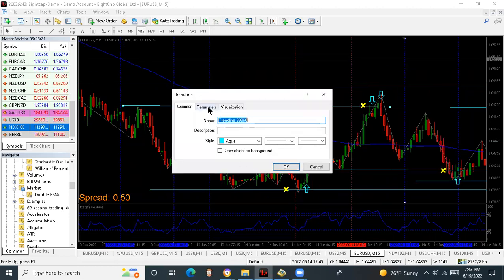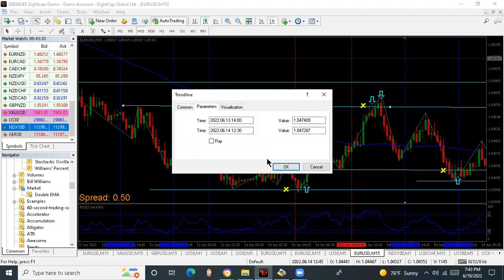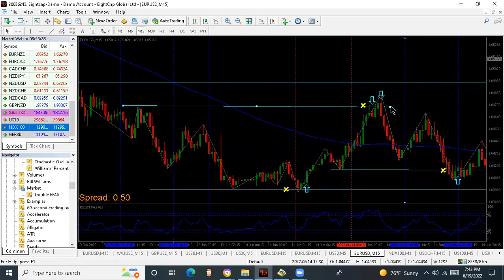I'm gonna take off the ray just so we can know which levels were violated and already tagged. So that level was tagged, filled. All right, so we would then have access to these highs here. This was the next level to be breached. That's the high in between this high. So if that level is breached, this will be high.